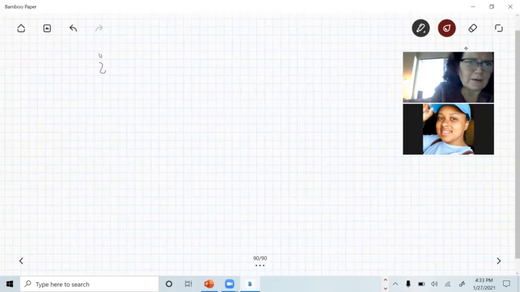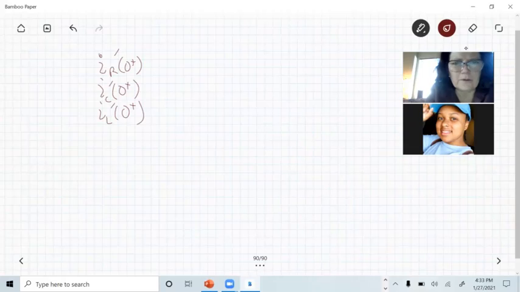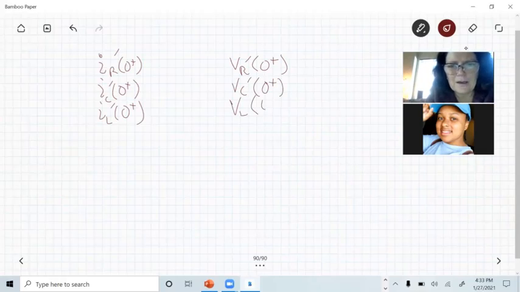I want to find IR prime at 0 plus. I want to find IC prime at 0 plus. And I want to find IL prime at 0 plus. I also want to find VR prime at 0 plus, VC prime at 0 plus, and VL prime at 0 plus.